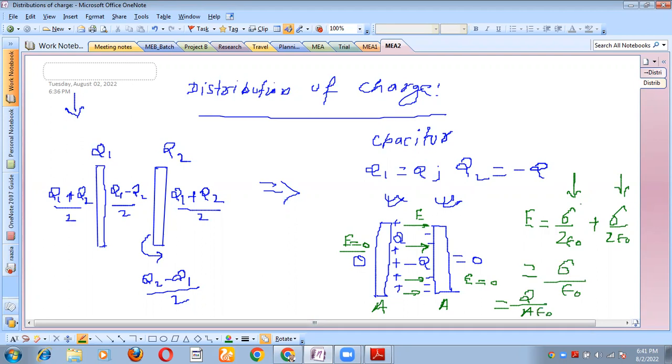Understood this one? It is always sigma by epsilon naught between the plates, and outside the plates the electric field is zero. Okay. So this is how charge is distributed between the plates.